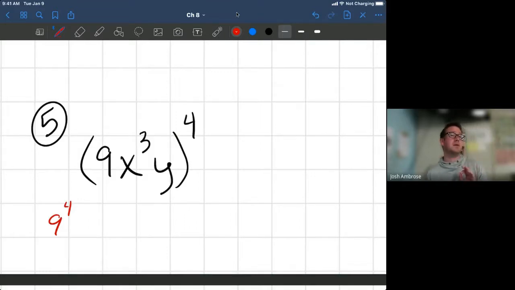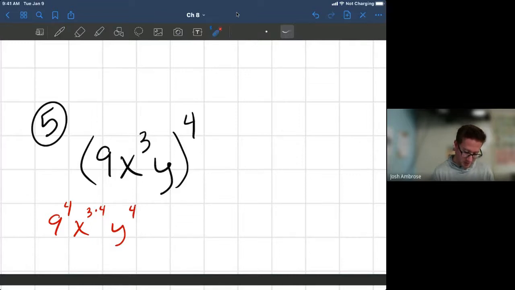Remember, what do you do when you have an exponent to another exponent? You multiply. So then we're going to have x to the power of 3 times 4, and then y to the power of 4. The reason why that one's simple is because there's a 1 there. 4 times 1 is going to equal 4. So let's expand this one out.